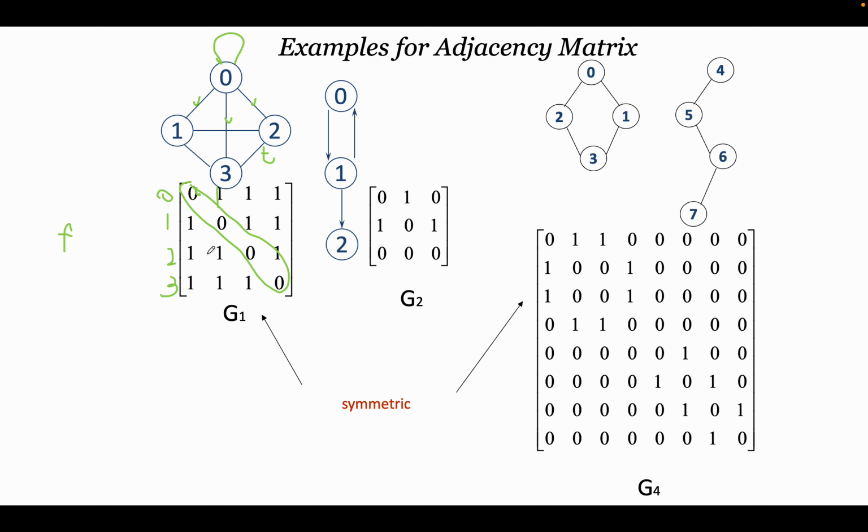And how can we check whether it's symmetric or asymmetric? Along the diagonal, we can see that this part and this part, if they are exactly the same, it means that it is symmetric. So what does this mean if it's symmetric?